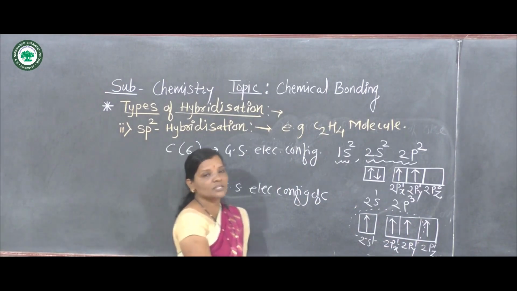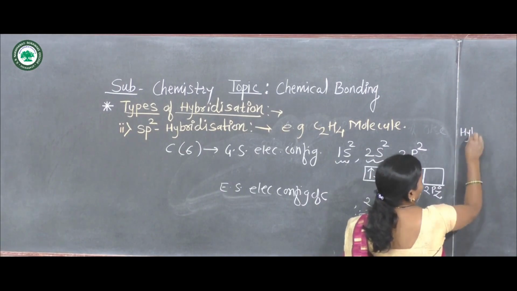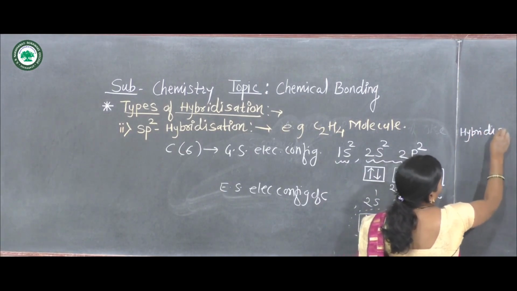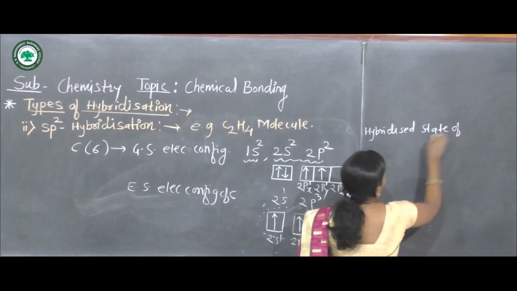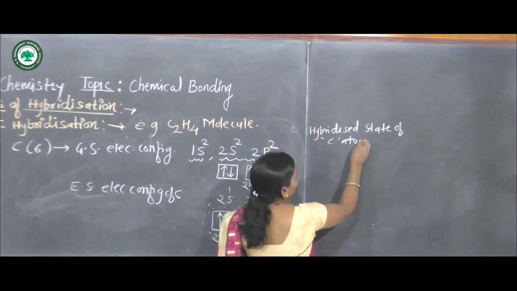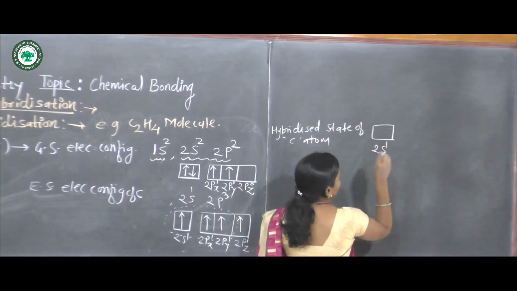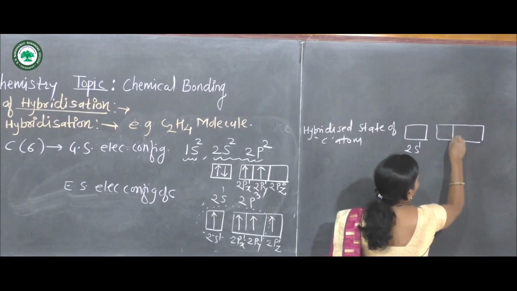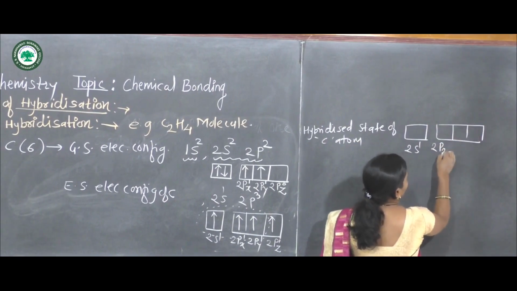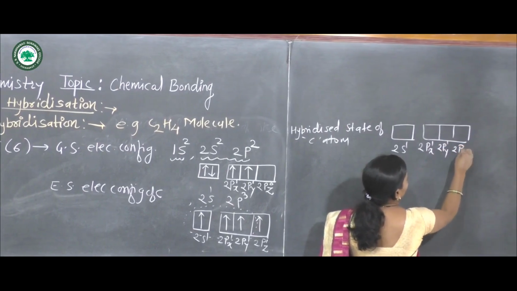Now let us show the hybridized state of carbon atom. Here 2s orbital has a single electron, and each 2p orbital also has a single unpaired electron.